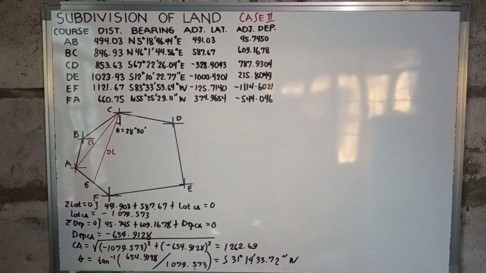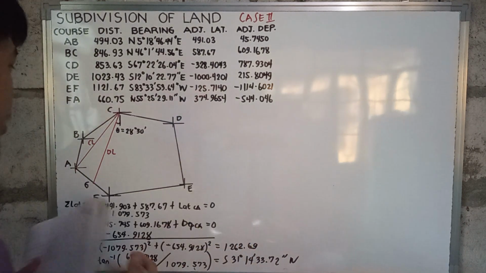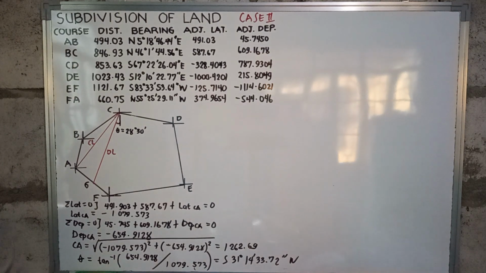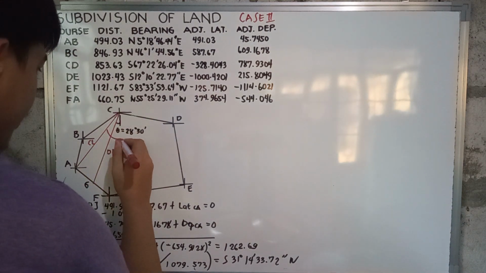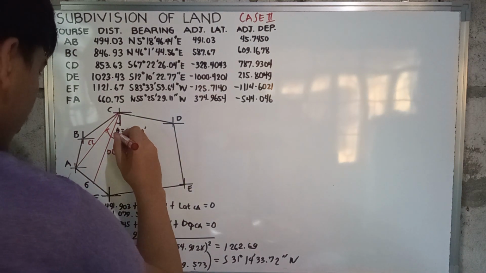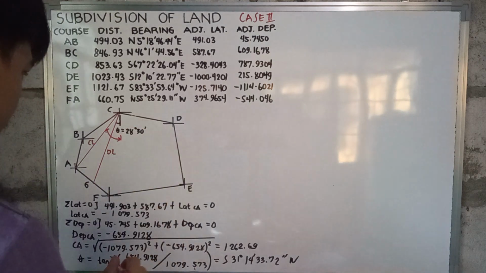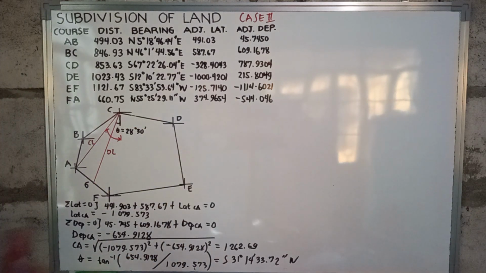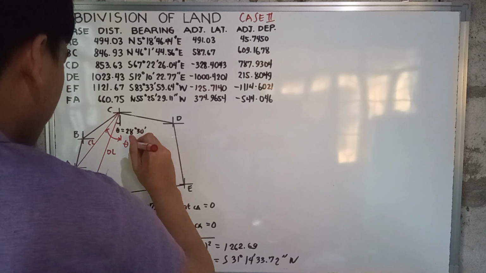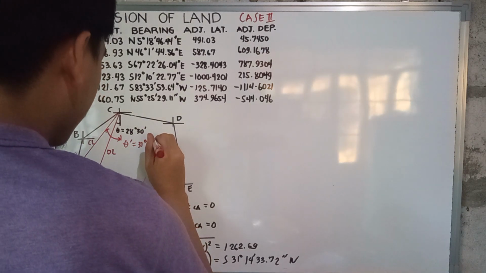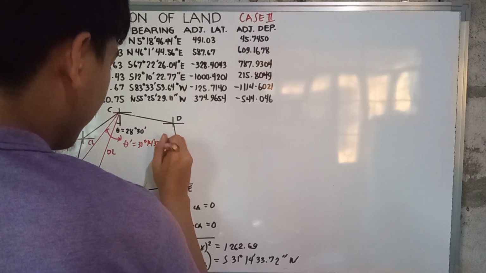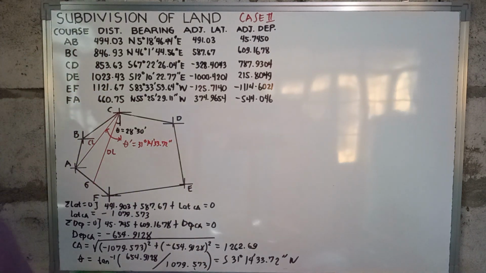Southwest. So, in our example, our theta is denoted southwest, diba? So, mangyayari yung theta natin, from here, this will be our, let's say, theta prime na lang kasi meron tayong theta na value. Theta prime is now equal to 31 degrees, 14 minutes, 33.72 seconds.